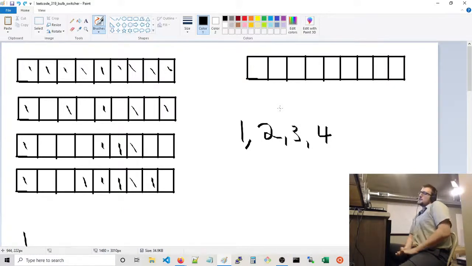So you got to come up with a better way. I want to say something about XOR functions, but I don't think it works that nicely here.